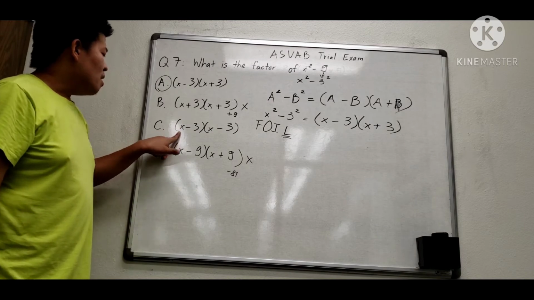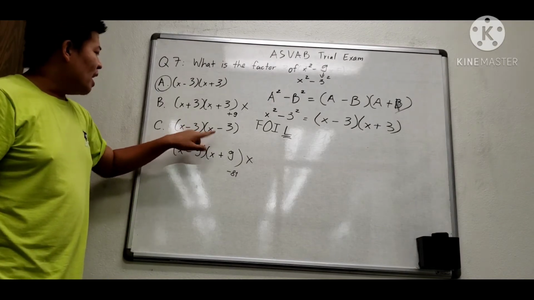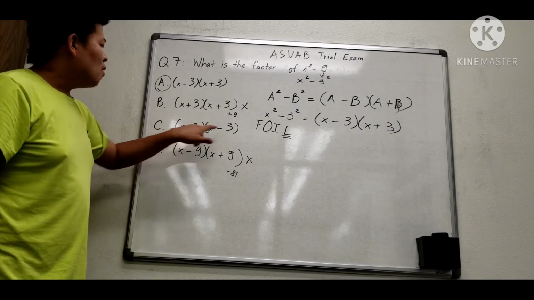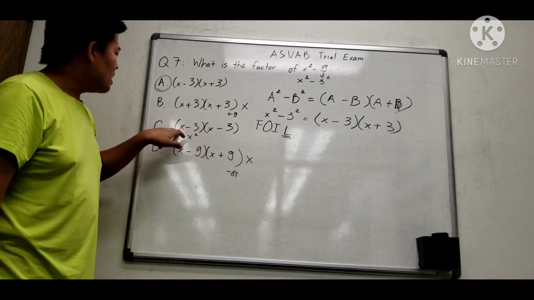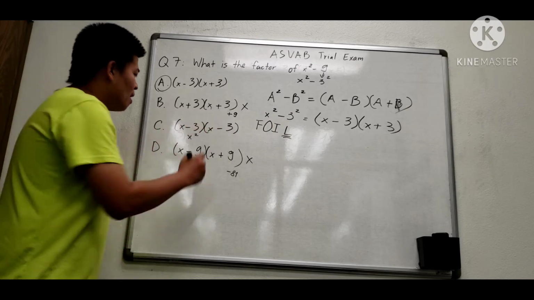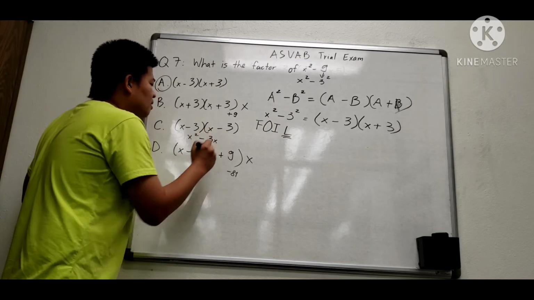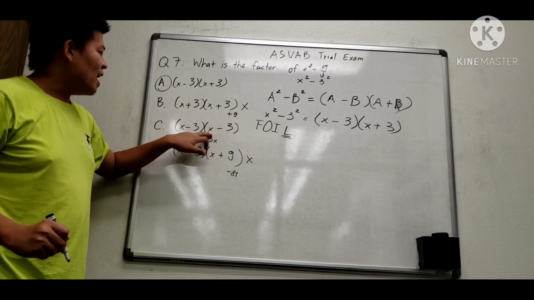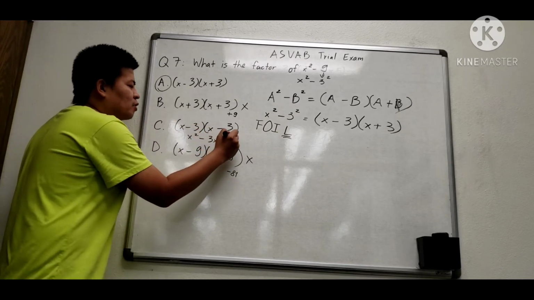The next one: s times s gives s power 2. Outside, s times minus 3 is minus 3s. Inside, minus 3 multiplied by s gives minus 3s.